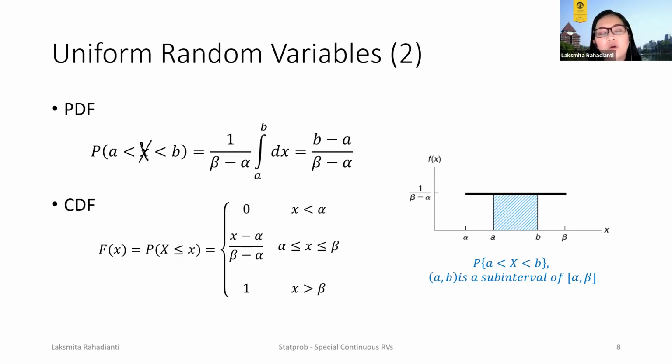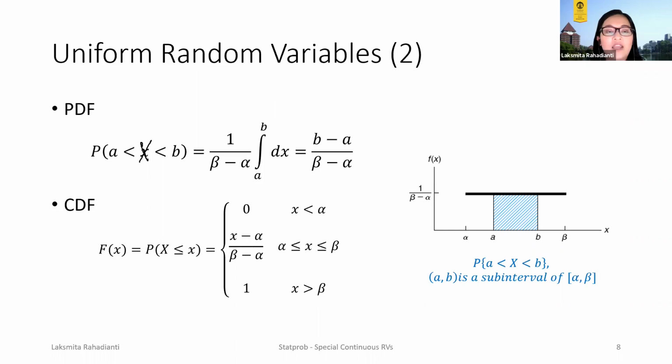So the probability of our random variable X being between the limits of A and B, we can integrate it. And since 1 divided by beta minus alpha is a number, recall that when you integrate, you can take out the constant. So I can just take it out.